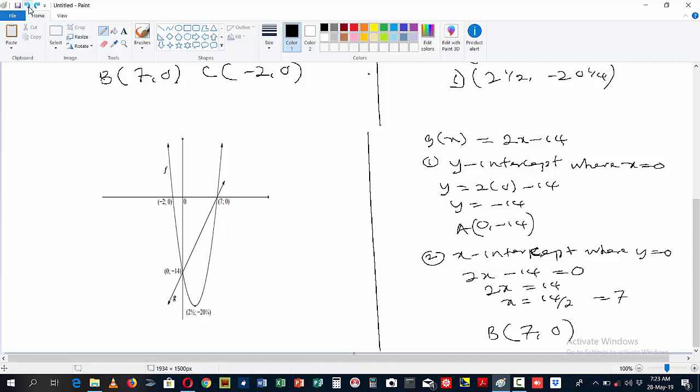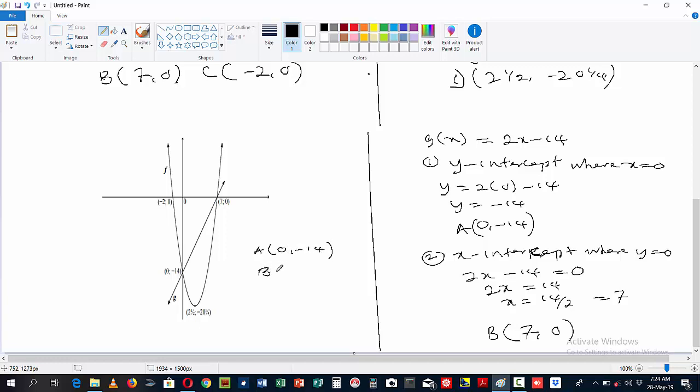So let us go back to the graph and show it from the graph. Let us write the coordinates down carefully. Coordinate A is 0 and minus 14.